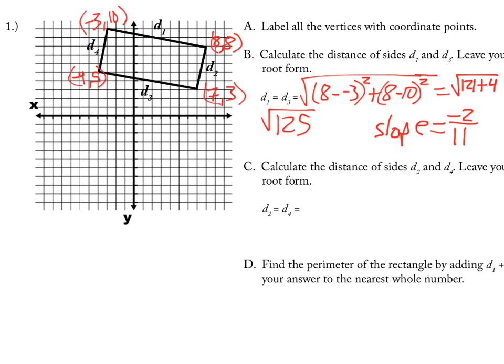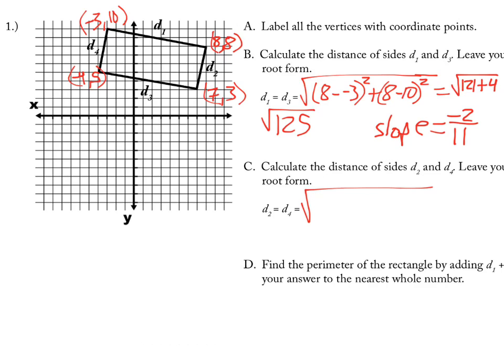That brings us to part C, which is getting either D2 or D4. I'm just going to get D2, because D4 is exactly the same, and I've already used the 8, 8, so I'll use it again as x2 and y2.